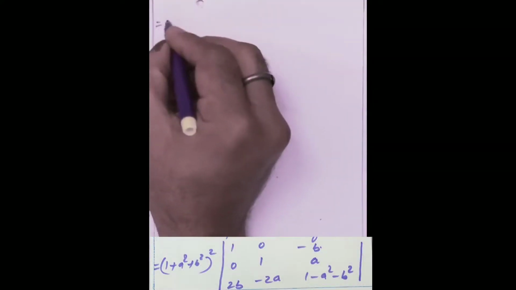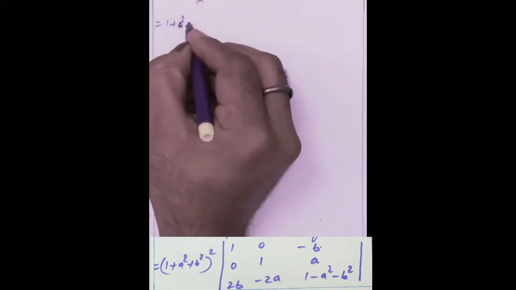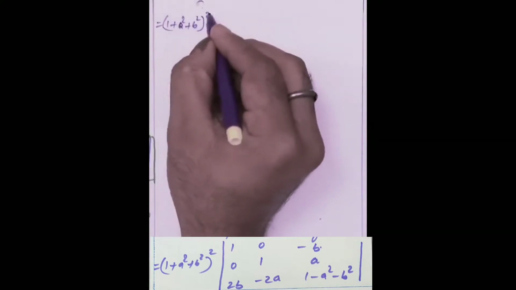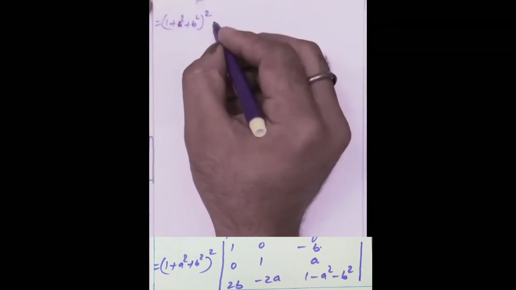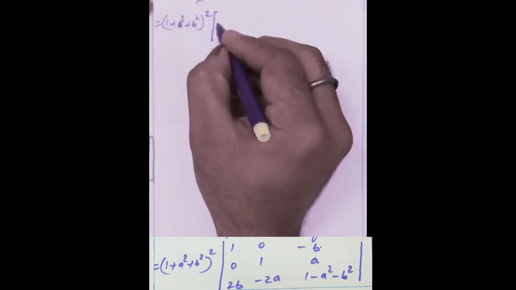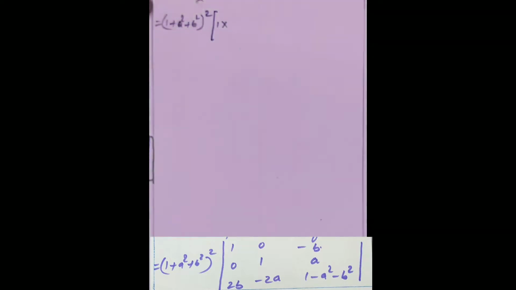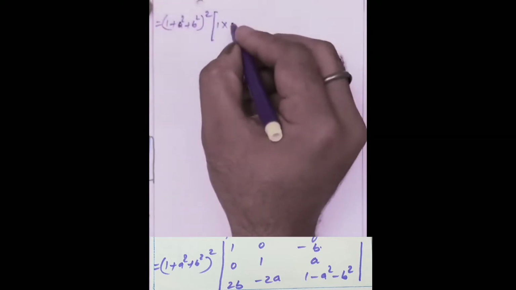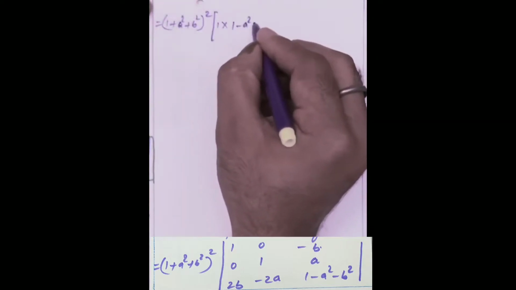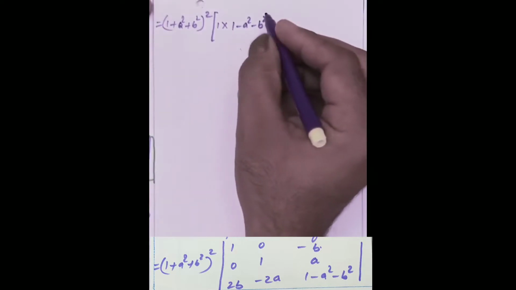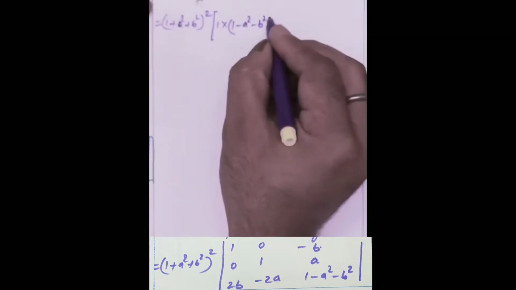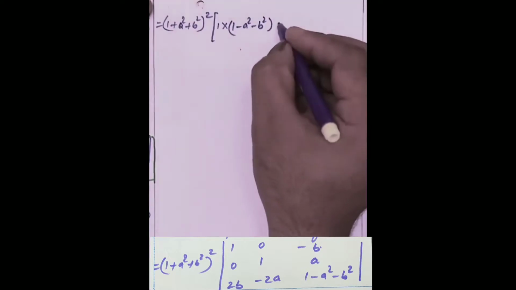Outside 1 plus a square plus b square whole square, and inside the first place is 1, so 1 into 1 minus a square minus b square, and this minus minus plus 2a square.